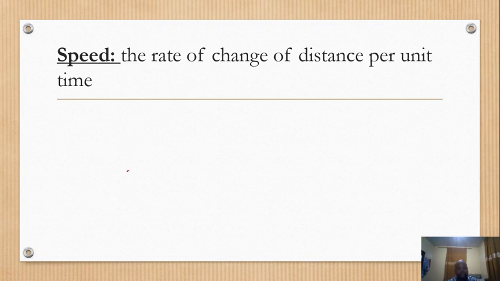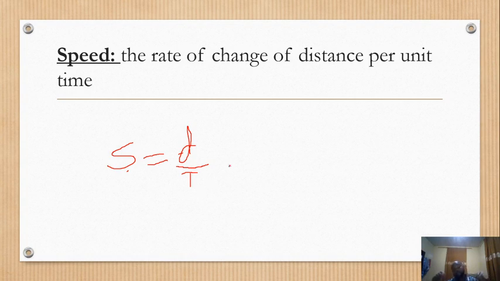What do we mean by denominator? For example, if we have a speed equal to S, S now stands for speed, equal to distance divided by time. We have three letters here: S, D, divided by T. S stands for speed, D stands for distance, T stands for time.